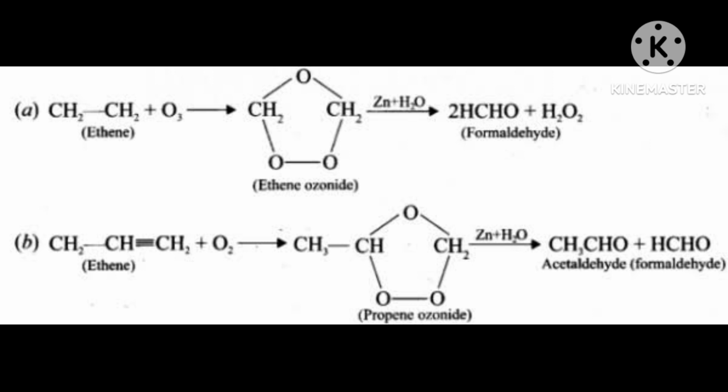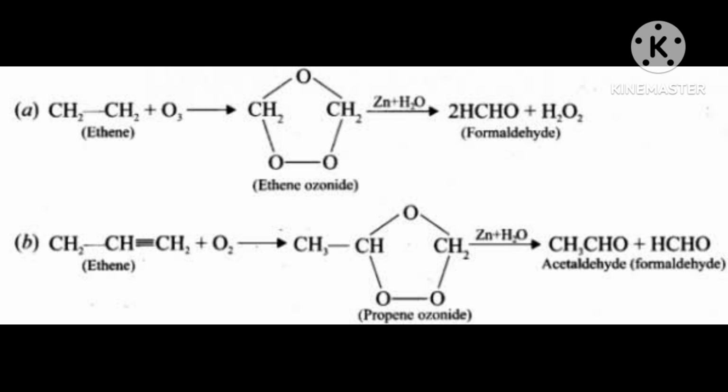When many ethylene molecules join to each other, many means poly, more than one, 2, 3, 4, 5, 6, maybe 100, 200, 300, depending upon the size of the polythene, then it will form polythene by the process of polymerization.